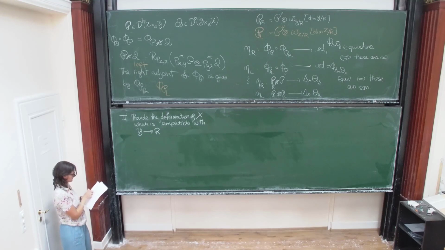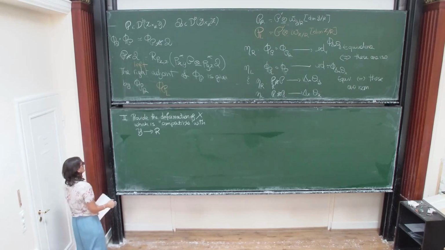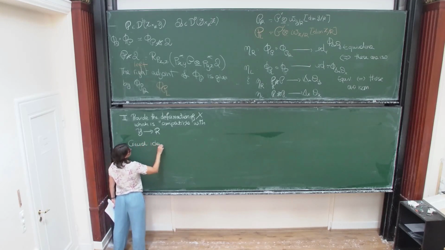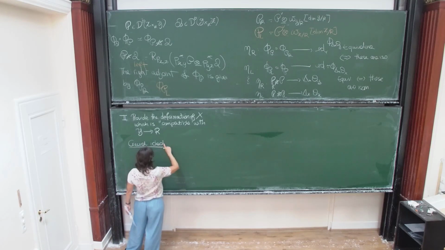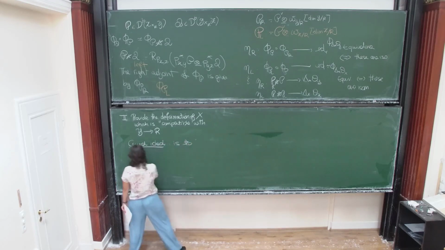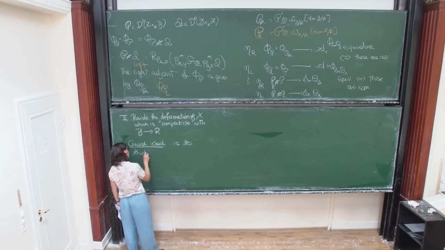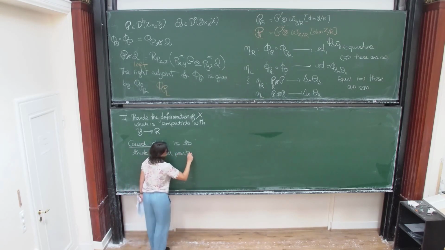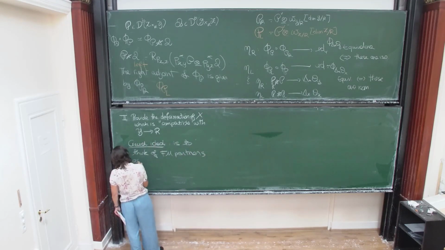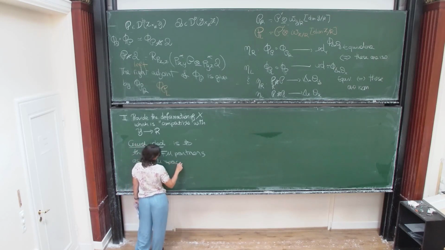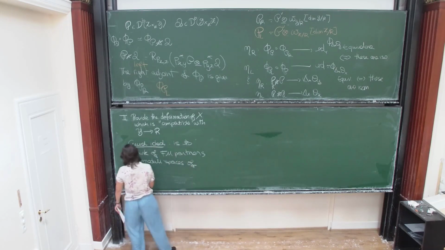Okay, so the crucial idea is to think of Fourier-Mukai partners as moduli spaces of perfect complexes.